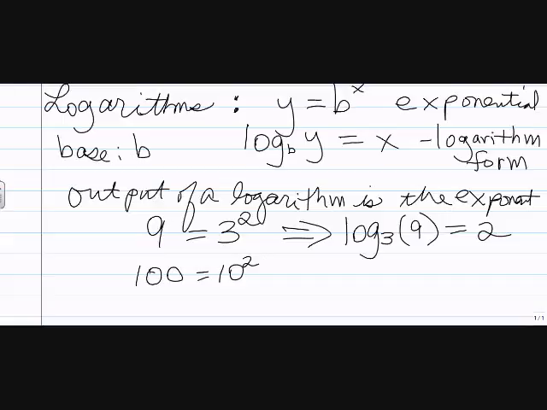So to write this as this exponential in a log form, I write log. What's my base number going to be? The 10. What's the exponent? 2, so that goes on the other side of the equal sign. So what should go in over here as what's called the argument of log 10? 100.